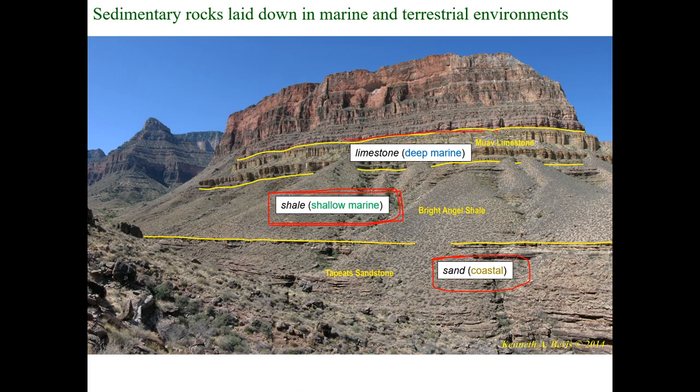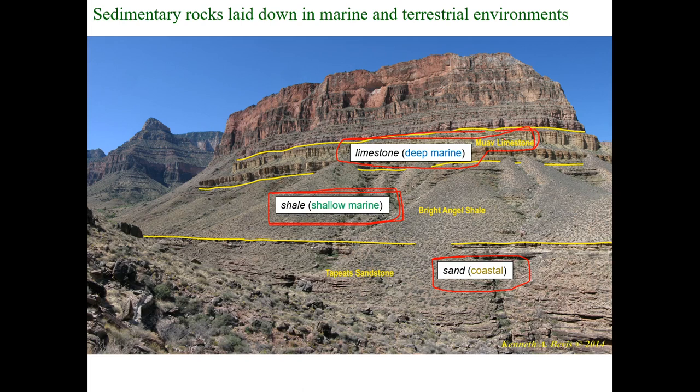And on top of that, you'll find the Mauve limestone that represents a deep marine environment. So how do you read this? The rocks of Earth are kind of like a book, and it's all in code. A big part of what you're going to be doing in this class is learning to read that code, the story recorded in the rocks, and what Earth is telling us about what's happened over the years.